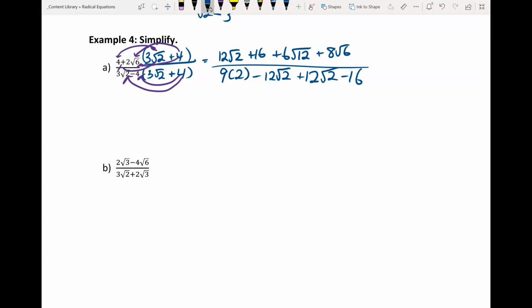Now we're going to simplify this. We can see that these two terms cancel out in our denominator. And then in our numerator, nothing changes. There's nothing we can really simplify here, unless you want to change the root 12, we could do that. We could change it to 4 times 3.